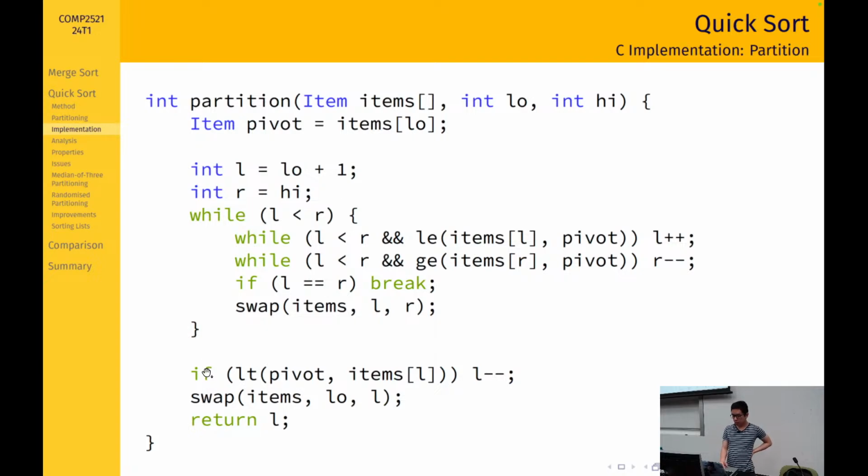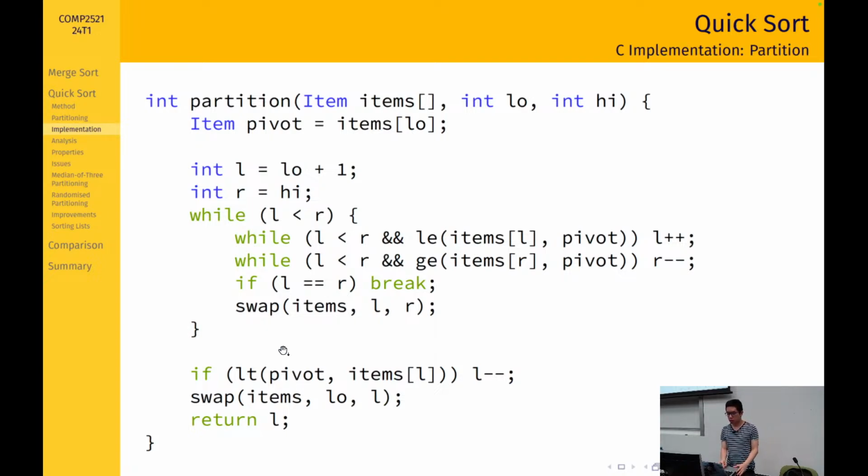After this while loop is done, the pointers have met in the middle, and that means we need to swap the pivot into the middle of the array. This if statement here deals with the case where the pointers have met at an index where the element is greater than the pivot.